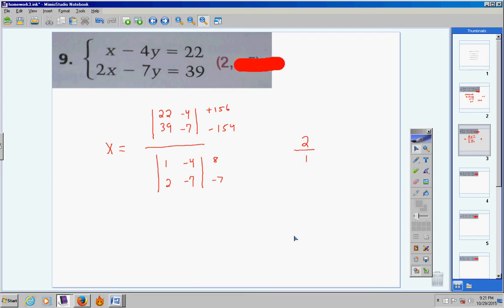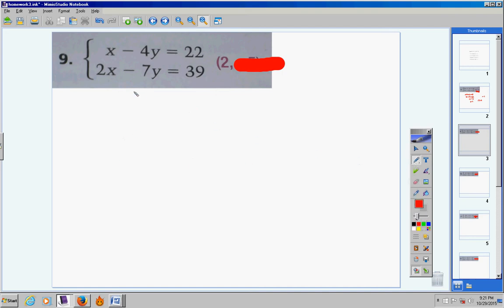Now, let's substitute 2 in for x real quick. 2 times 2, negative 7y equals 39. 2 times 2 is 4. Bring the 4 over and make it a negative 4, and I'm left with negative 7y equals 35.